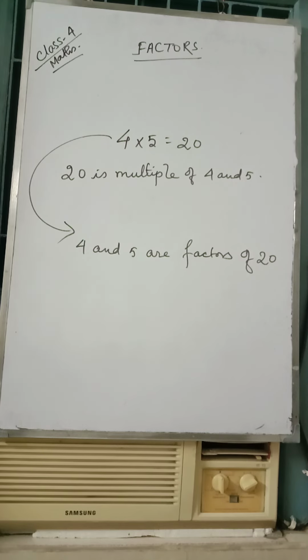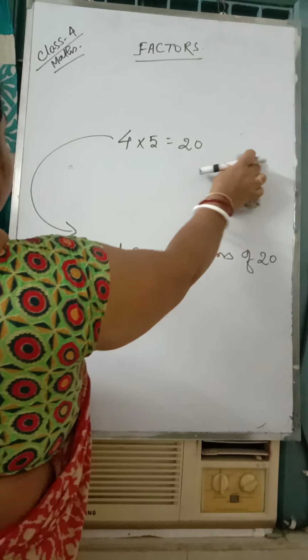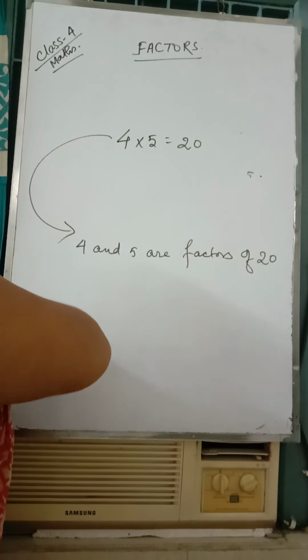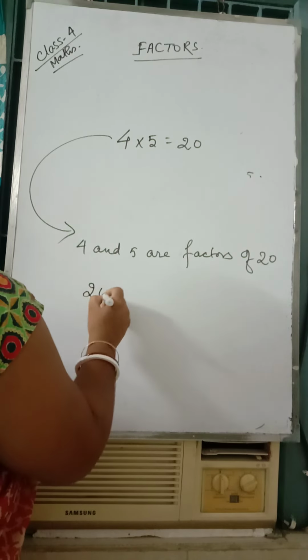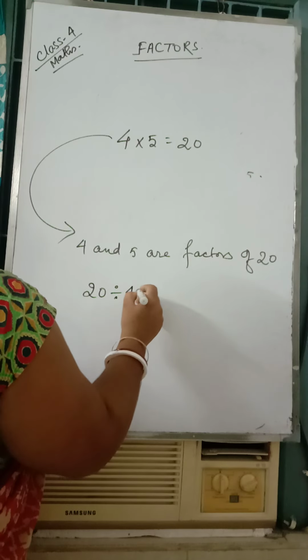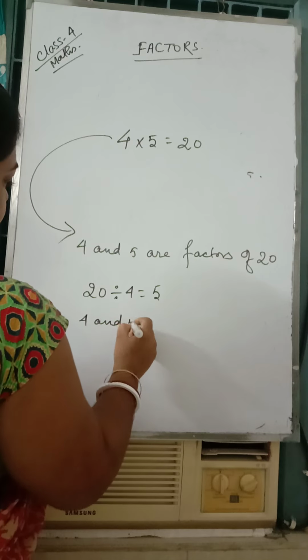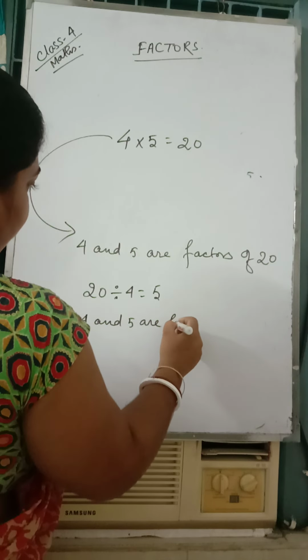Now we have certain ways to find the factors. For example, here I am multiplying 4 and 5 to get 20. This is called finding factors through multiplication. The same thing can be done if I divide 20 by 4, I get 5. So 4 and 5 are factors of 20.